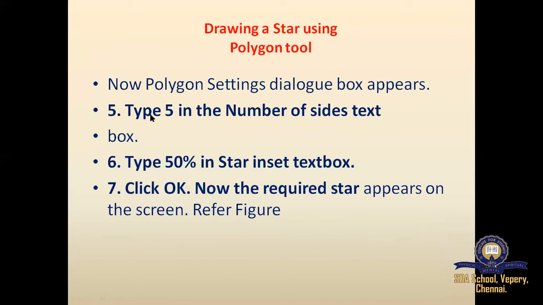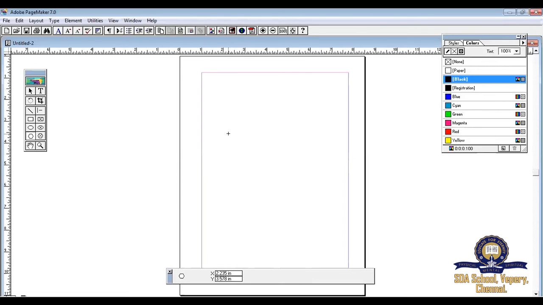Step number 5, type 5 in the number of sides. Step number 6, type 50% in the star inset text box. Click OK. Now let us see how to convert a polygon to a star shape. Right?